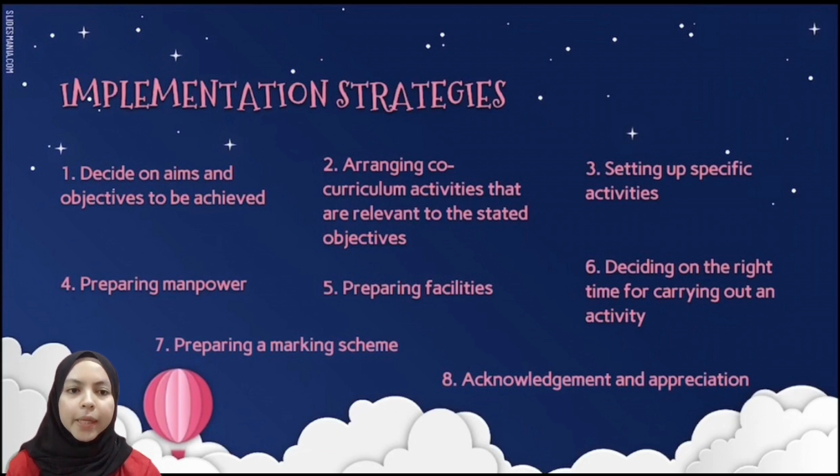The next one is preparing facilities to ensure the activity is carried out in a comfortable and suitable place. Then we need to decide on the right time for carrying out an activity, whether on a weekend or another suitable time. Next, we need to prepare marking schemes for students' evaluation after the activity. And the last one is acknowledgement and appreciation.